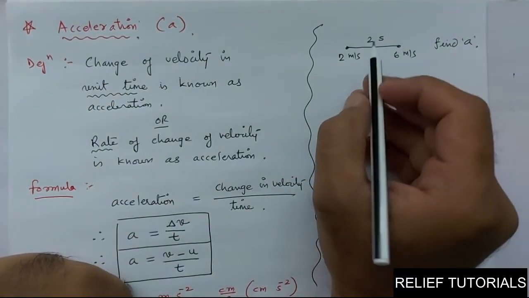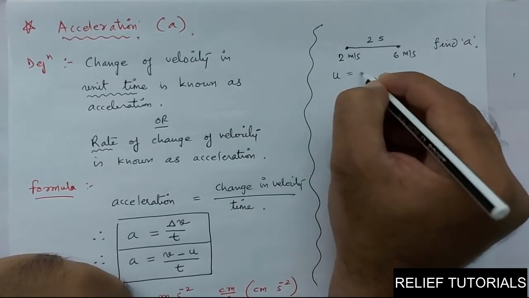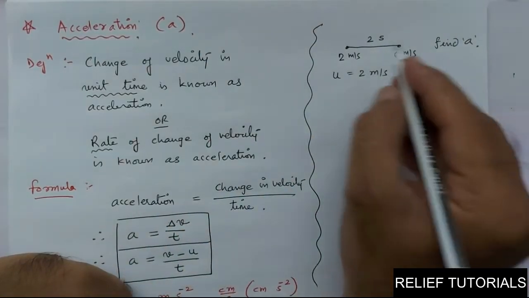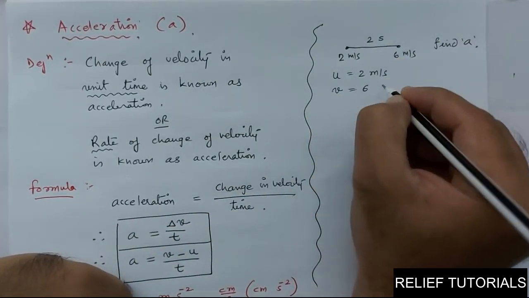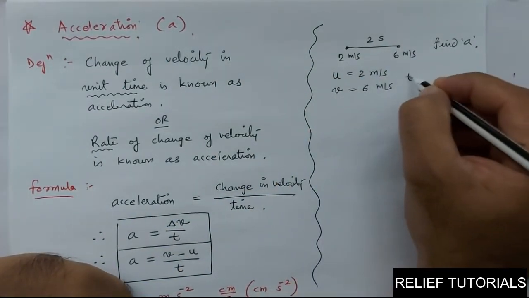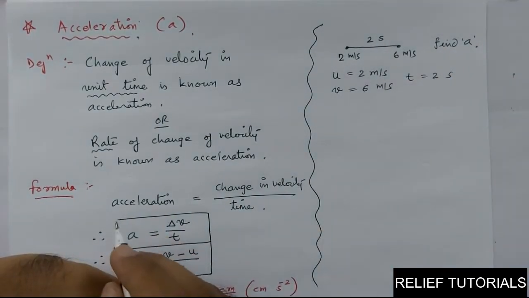Yes. First of all, what is this 2 meter per second? 2 meter per second is the initial velocity u. What is this 6 meter per second? That is the final velocity. And what is this 2 second? It's the time. Okay, can we find A?